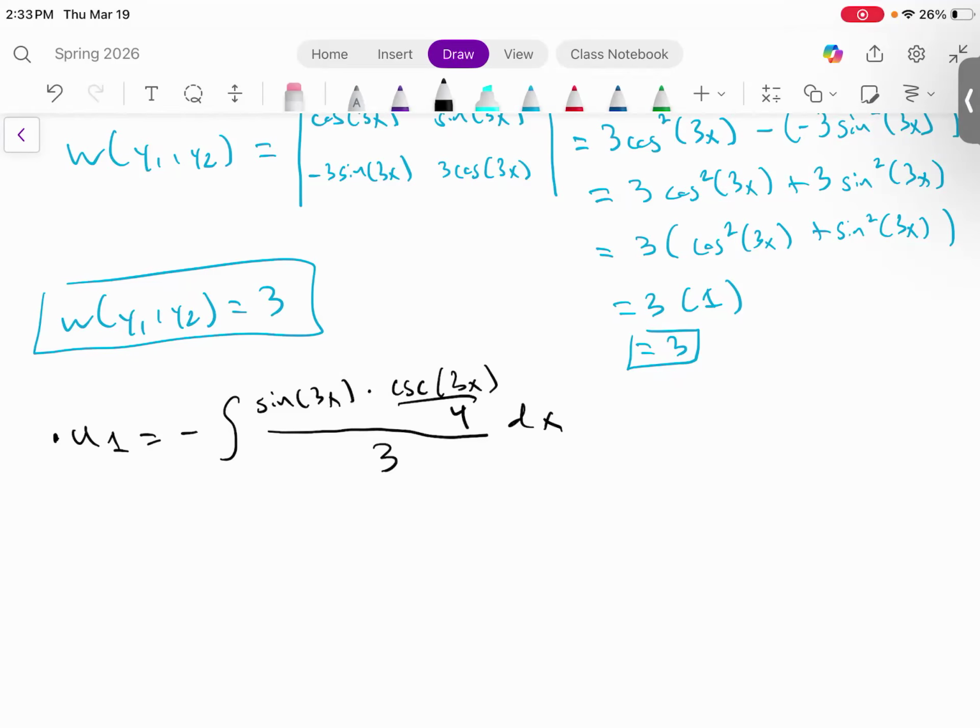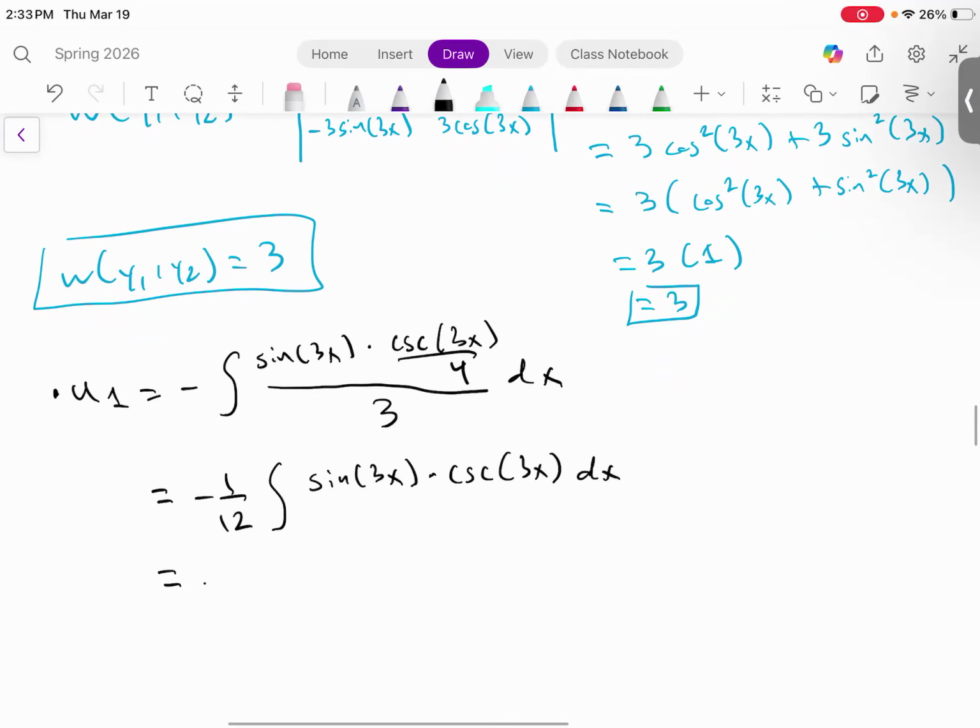Okay, so we have a couple constants we could take out. We could take out that 1/4 and that 3. So this could be negative 1/12 outside times the integral of sine 3x times cosecant of 3x dx. Well, what is cosecant the same as? The same as cosecant is 1 over sine.